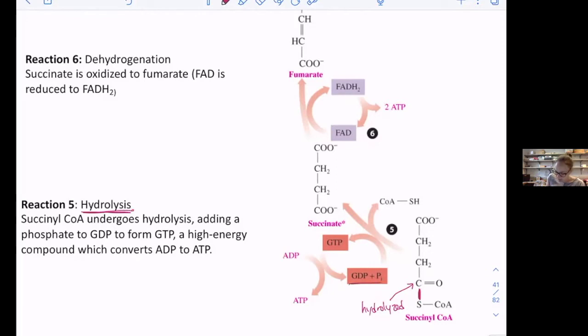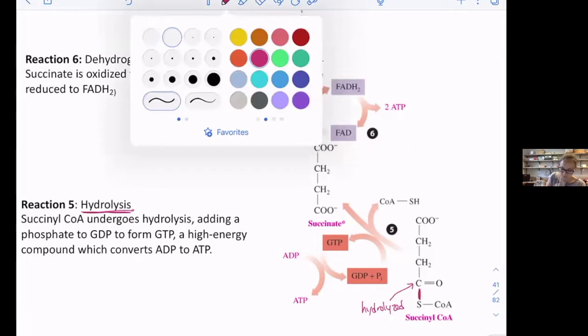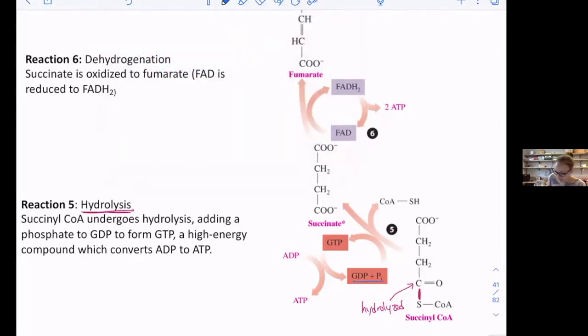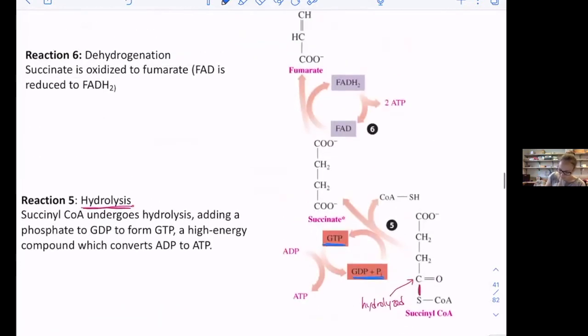So we're going to take GDP and a phosphate, hydrolyze that bond there, remove CoA, add in an oxygen. It makes GTP, and then that will just transfer a phosphate group to ADP to make ATP. So overall, that makes another molecule of ATP.